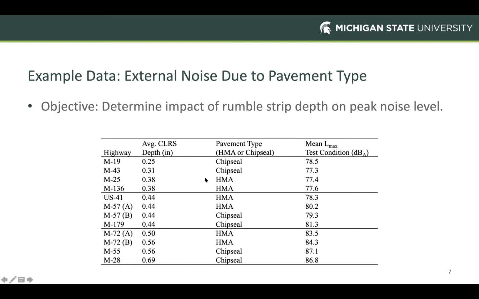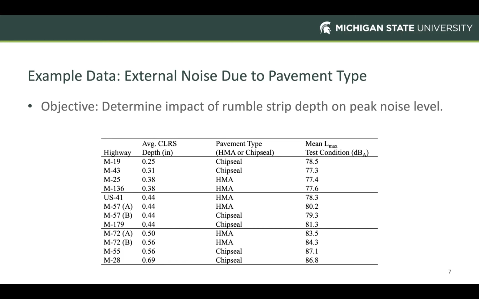And so a chip seal, for those who are unfamiliar, is basically a pavement surface treatment, which can potentially increase the noise levels given the aggregates that are included there and placed on top of the pavement to address any pavement maintenance related issues. And so we can basically take this variable, and you'll notice here it's nominal in nature.